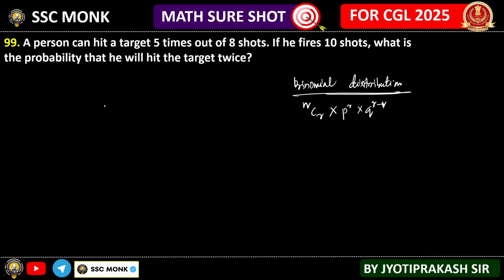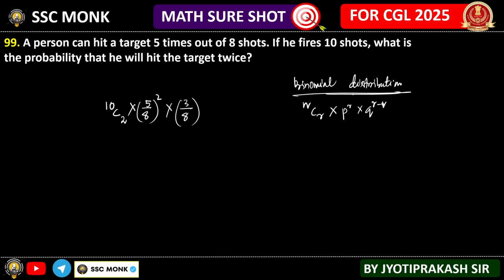Now see, here n is equal to what? 10 times it will fire, so that it will hit the target twice. Multiply by: a person can hit a target 5 times out of 8 shots, so 5 by 8, taking what? Twice. Multiply by the alternate event. It won't be able to hit 3 times out of 8 events.